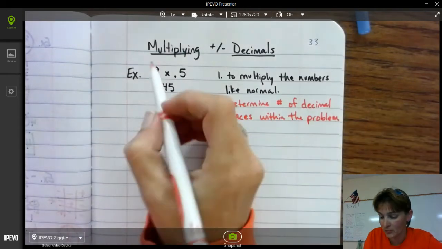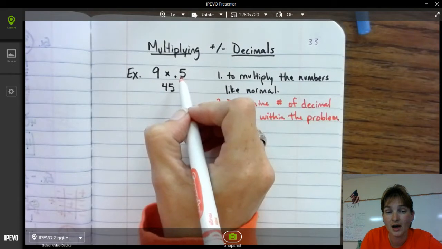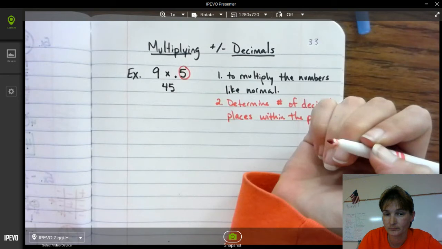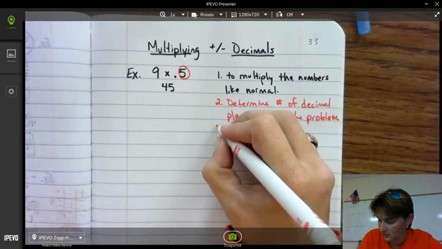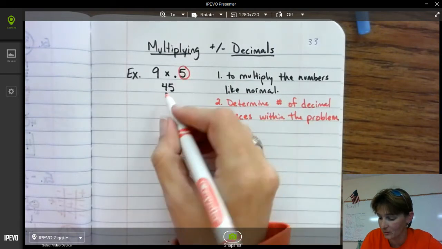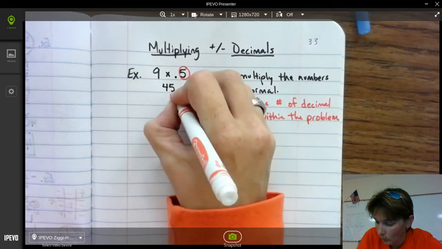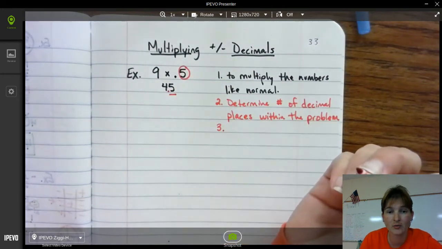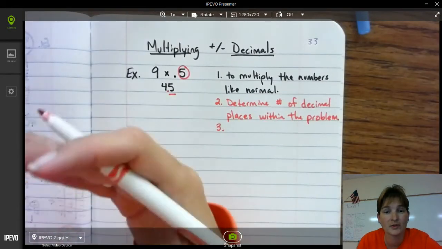So with the 9, we don't have any decimal places, but with the 5, we have 1 decimal place here. However many we have in our problem tells us how many we need in our answer. So if we have 1 in the problem, we need 1 in the answer, and then we put our decimal before that 1 place.